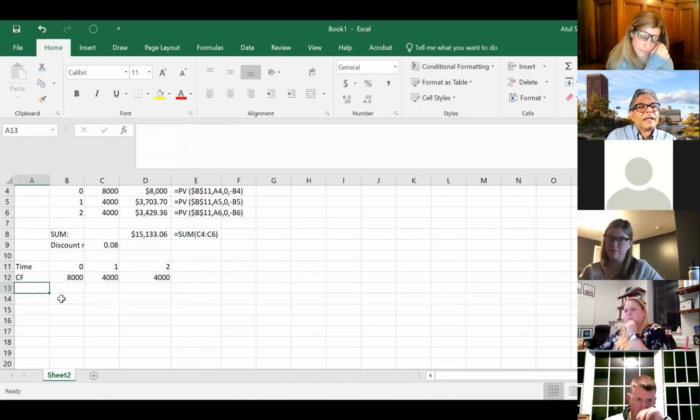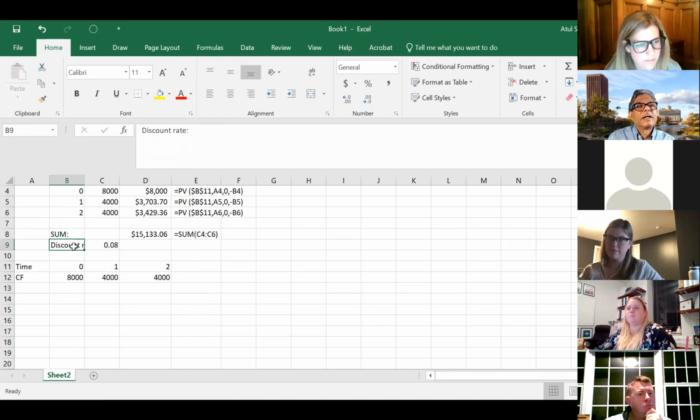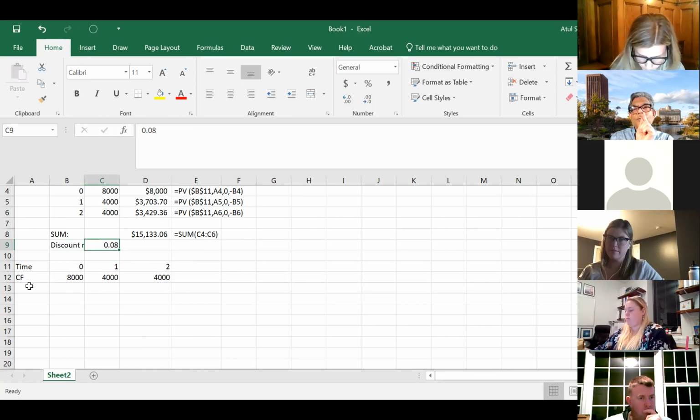So now, what is my interest rate? R, the discount rate or the interest rate, is 8%, 0.08. This is the safest way to do it. You will never go wrong here. If you think that your formulas are not working, then you will never go wrong if you do it this way because you know the basics.